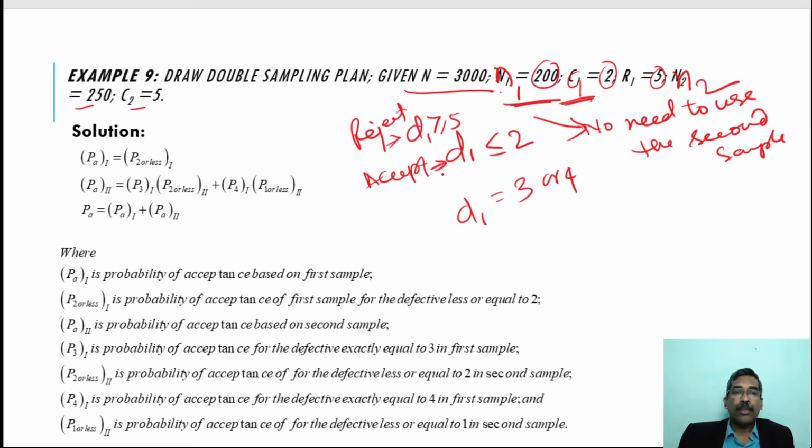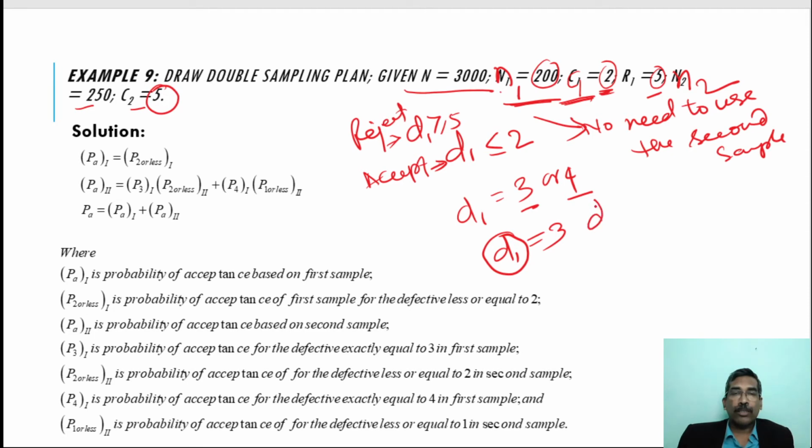Okay. Now when we should use the second sample? If the number of defective in the first sample is in between C1 and R1, that means 3 or 4, then we should use the second sample. So in the second sample, for acceptance, how many defects can there be? Suppose D1 has already occurred in the first sample and is equal to 3, then this can be accepted only if the maximum total defect D1 plus D2 is equal to 5.